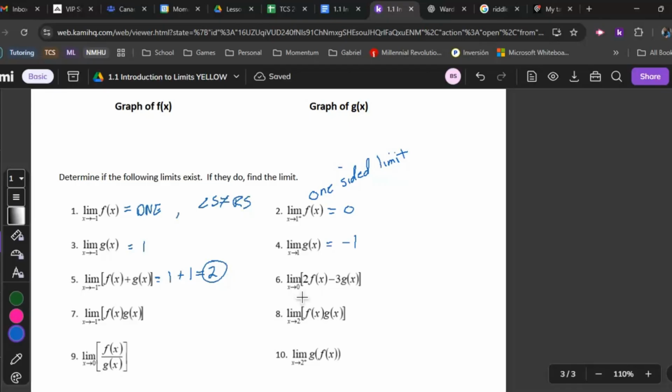So this next one's going to be very similar. We're going to subtract them, but what do you think the 2 and 3 mean? You're just going to multiply them first. That's all. Just some basic arithmetic, okay? So this is going to be 2 times whatever the f of x limit is, minus 3 times whatever our g of x limit is. So let's go look at the two limits as they approach 0.